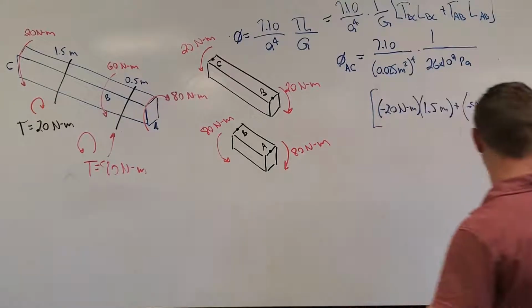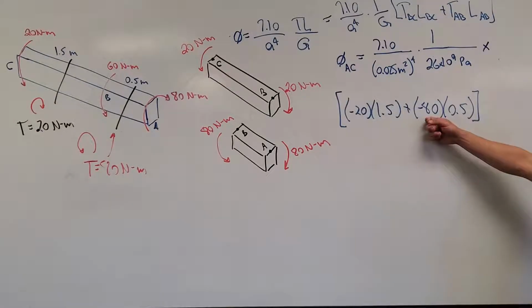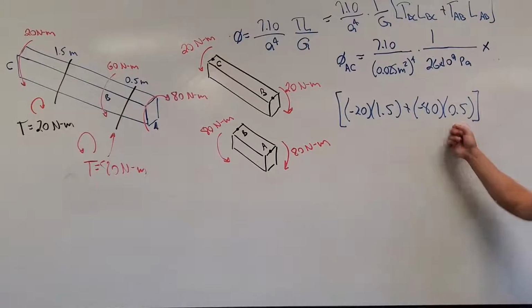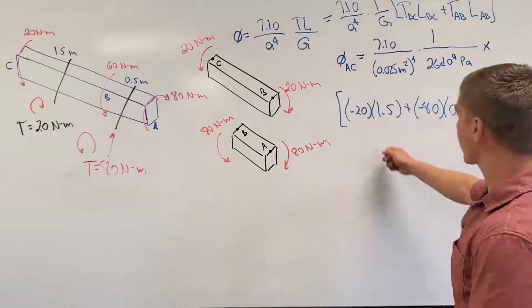I'm going to run off the side of the screen. Negative 80 Newton meters times the length of half a meter.